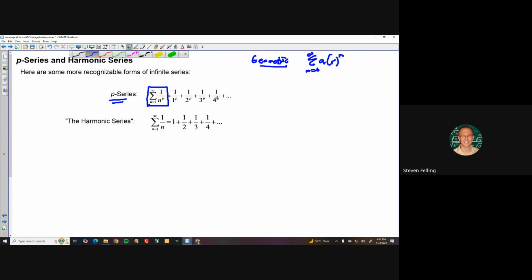Now, p can be anything here, and we'll see where these ones converge and where they're divergent. But if p happens to be 1 specifically, then it's called a harmonic series, where this is just 1 over 1 plus 1 over 2 plus 1 over 3, because that's 3 to the first, plus 1 over 4, and so on.